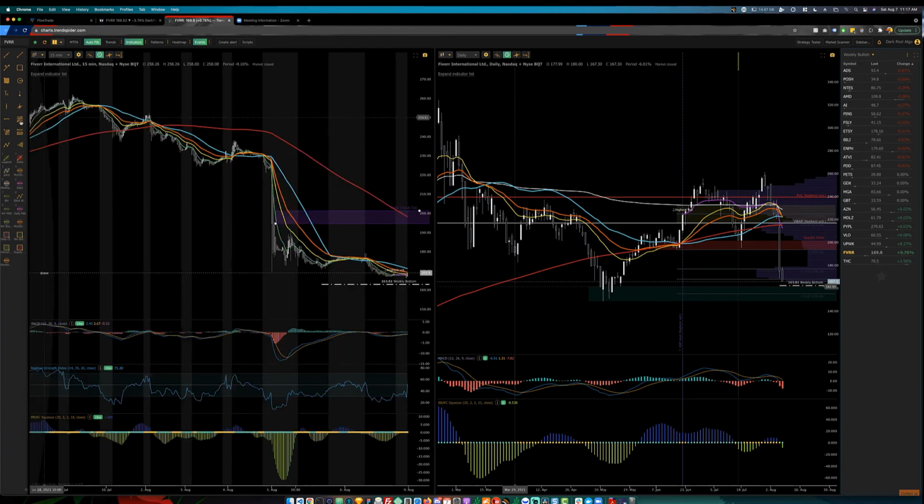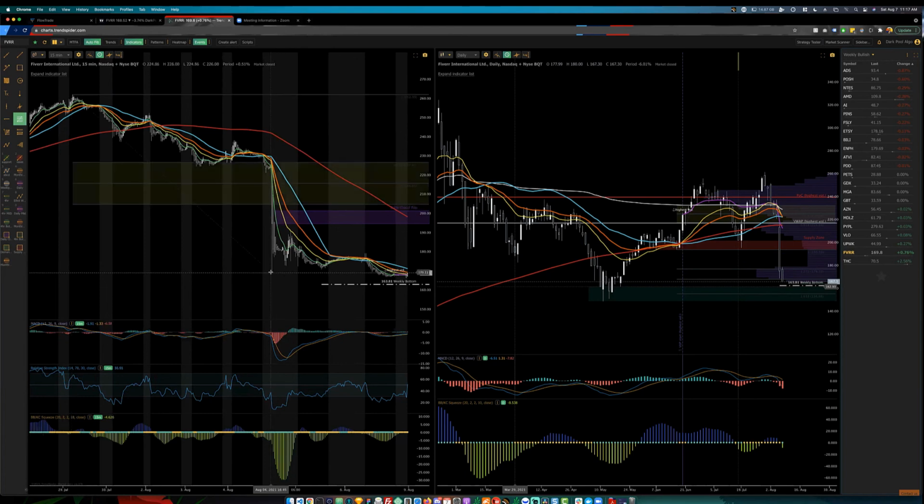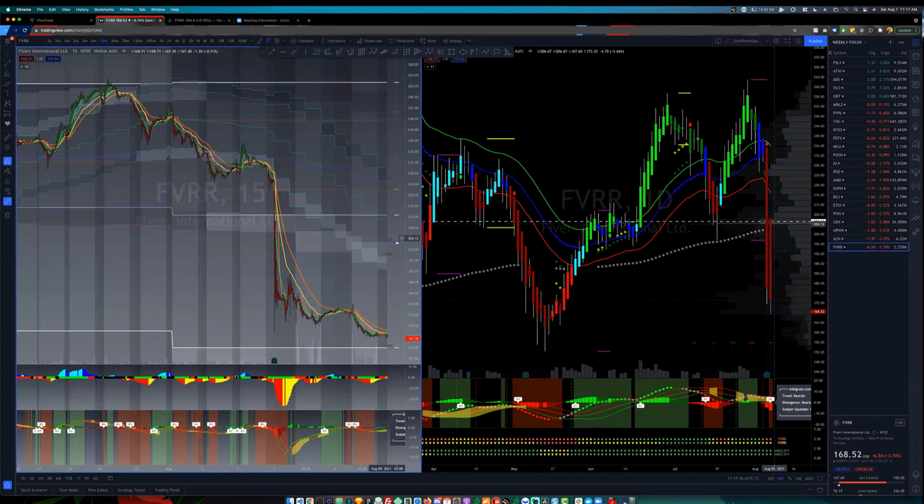Watch how symmetrical this thing lines up. Nice symmetry in this area in the 618. 205 would be the target. Let's see what else we got here. What does 205 put us at? 205 puts us above the daily cloud on the way to weekly mid at 212.